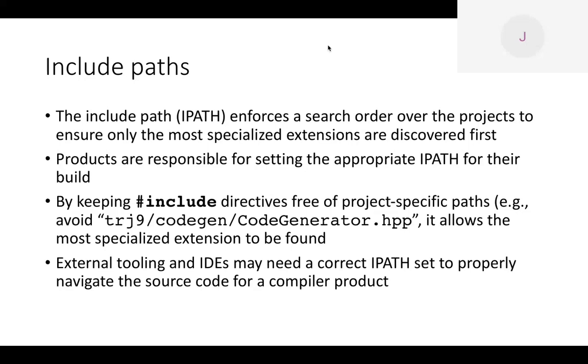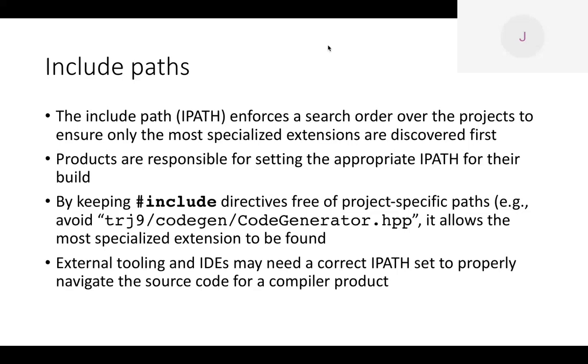The assumption behind a lot of this technology is that you're only going to be building for one particular product and one particular architecture at once, right? So you're going to be building PowerPC and Ruby. That's the combination that you're going to be building. Depending on that combination, you would choose an iPath that selects the PowerPC and the Ruby projects in the right order.